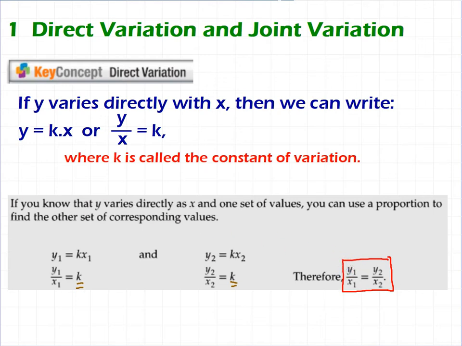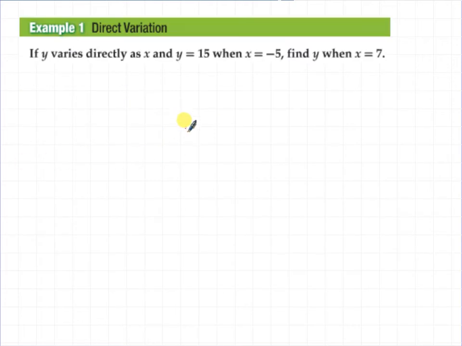Okay, let's take an example to see how we apply those proportions. So if y varies directly as x, this means that I can directly write y equal to k times x, or y over x equal to k. From this piece of information, I wrote this. Now, y equal 15 when x equal minus 5.